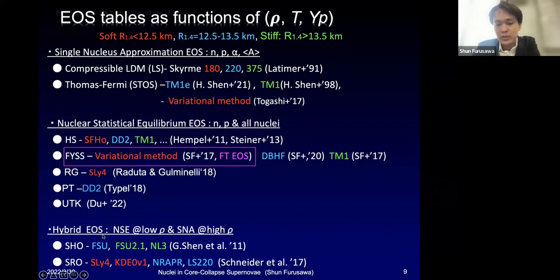There are also hybrid EOSs, where the low density part is calculated by nuclear statistical equilibrium and the high density part is calculated by an SNA EOS. This is one approach to construct supernova equations of state. Anyway, there are many equations of state, and our group uses this FT EOS now.